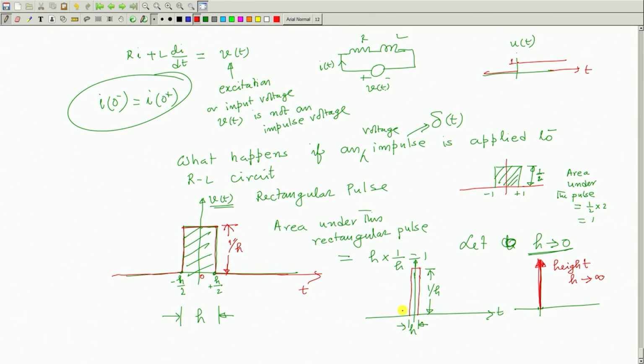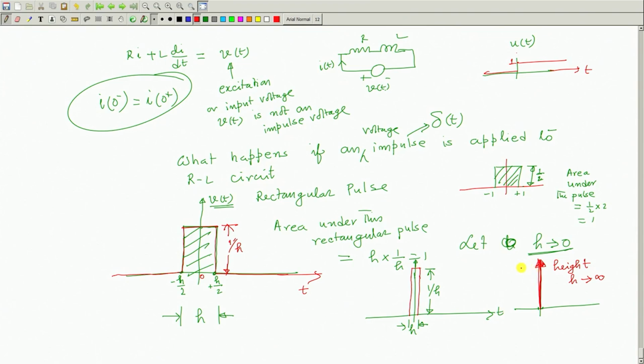But the speciality of this rectangle is that the area under this curve, which now becomes almost like a line, will always remain 1. The height goes to infinity, the base collapses to 0, but the area under the curve remains the same.